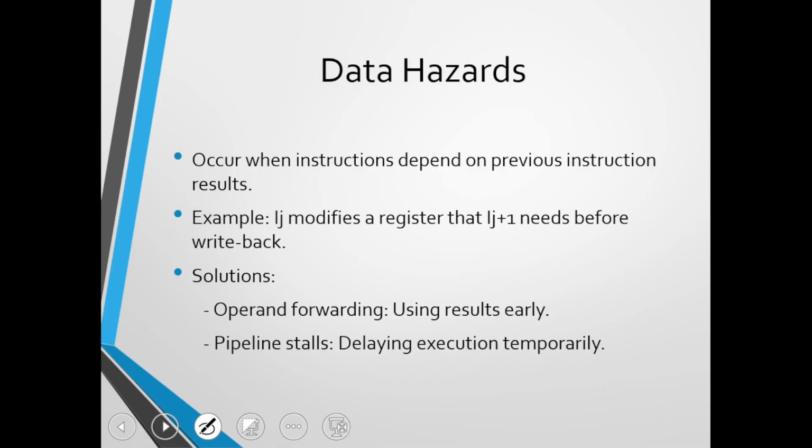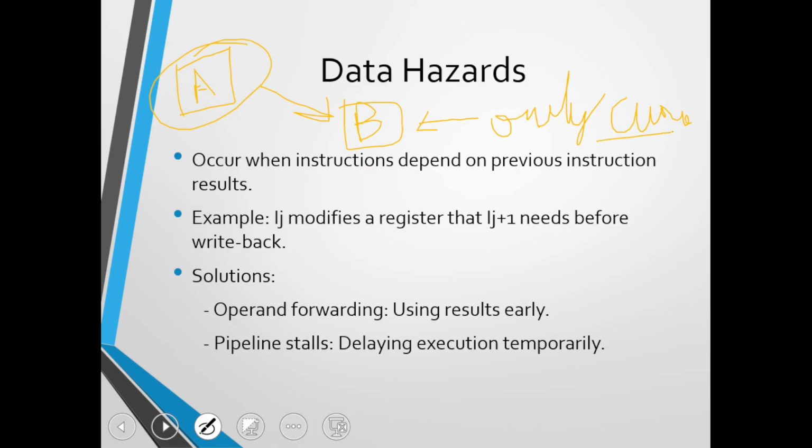Okay, data hazards. A data hazard occurs when an instruction depends on a previous instruction's results. Say, for example, there is an instruction called A, and for it to execute, it depends on some register value called B, which will be updated only when the current execution completes.